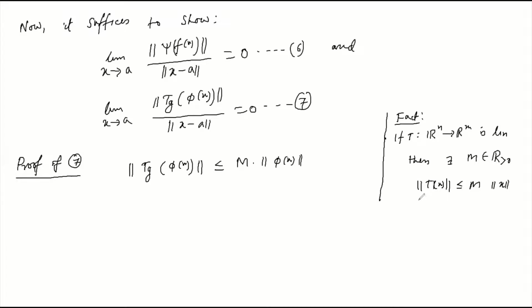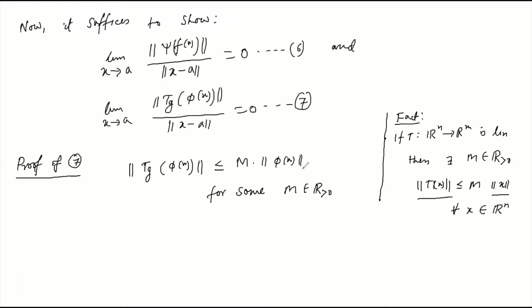Here, on the left-hand side, the norm is the Euclidean norm in Rm, and here it is the Euclidean norm in Rn. This happens for every x belonging to Rn. So we are using this fact to get norm of Tg acting on phi of x less than or equal to m times norm of phi of x, for some m belonging to R greater than 0.